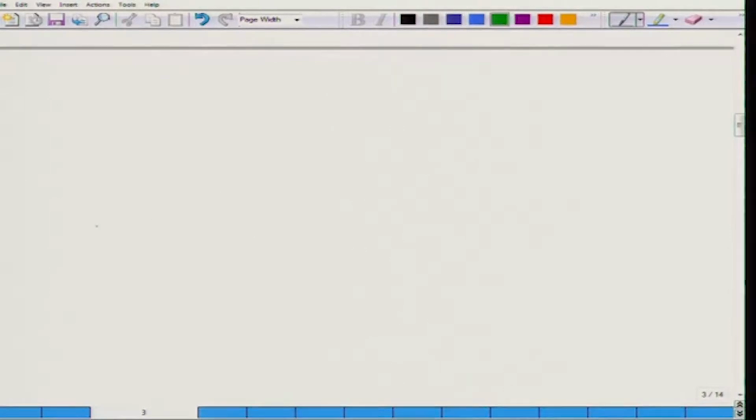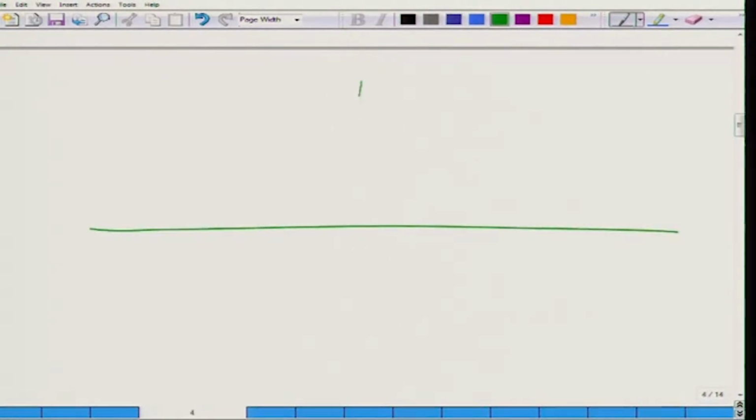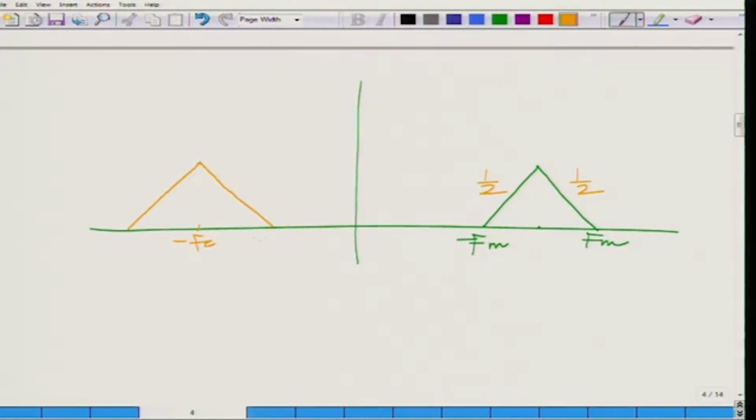So, if I draw this, it is going to look like this: at f_c, I am going to have minus f_m, and each of the sidebands is scaled by half, correct. So, this is at minus f_c, and from this is f_c.